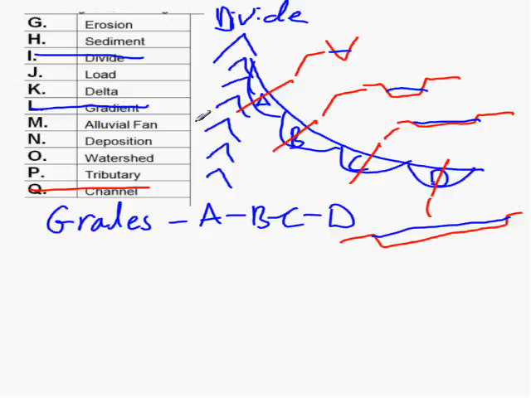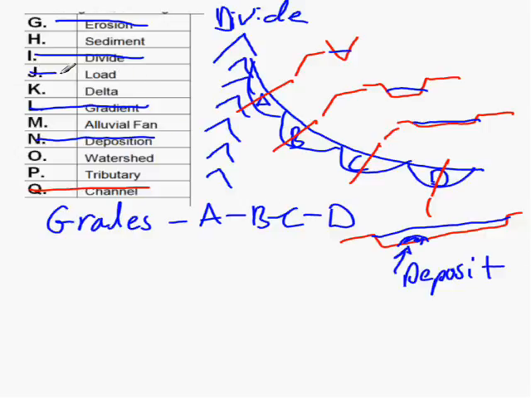Now when a river's cutting through the area, it's going to cause erosion. So erosion is the shape of this channel, the sides are being eaten away, and then sometimes that material gets deposited, so we could have a deposit in the bottom of our river.